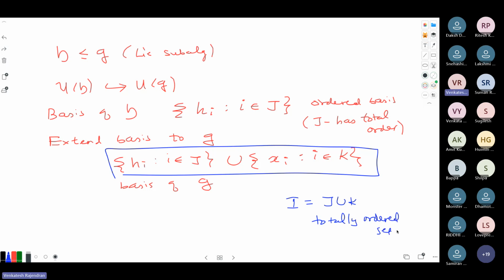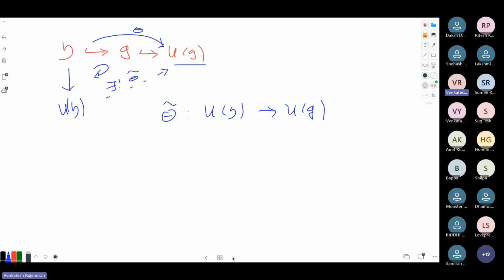Okay. And this order, when you restrict to J, is the same order that you began with. So now using this, you can have a PBW type basis for UG. And using that basis, you can easily see that this theta tilde must be injective. Okay, this is indeed injective.